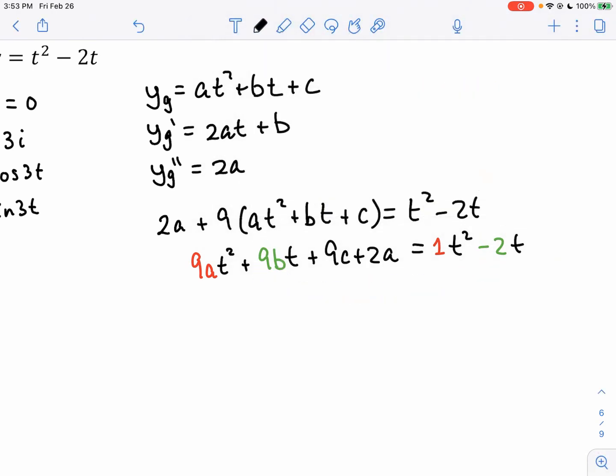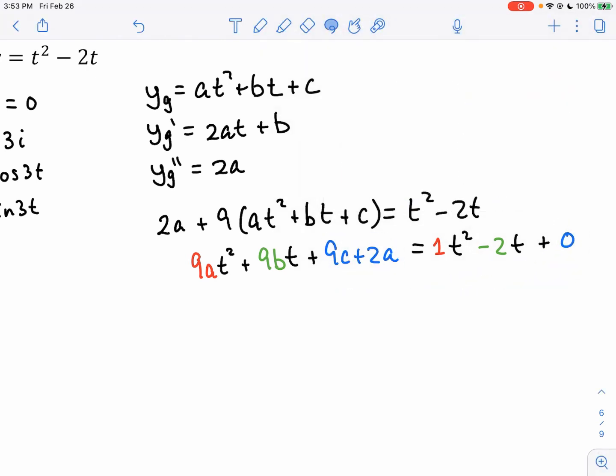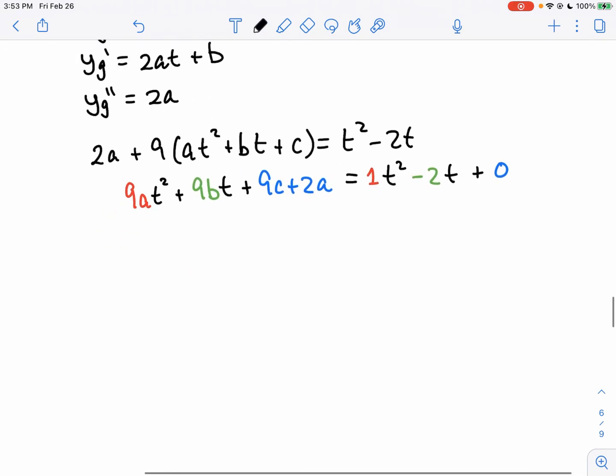And then there's an implied plus 0 over here, so the constant has to match the 0. Let's make those blue. When you equate the coefficients, you're going to be able to determine what a, b, and c are, so that all of this comes out to be true.